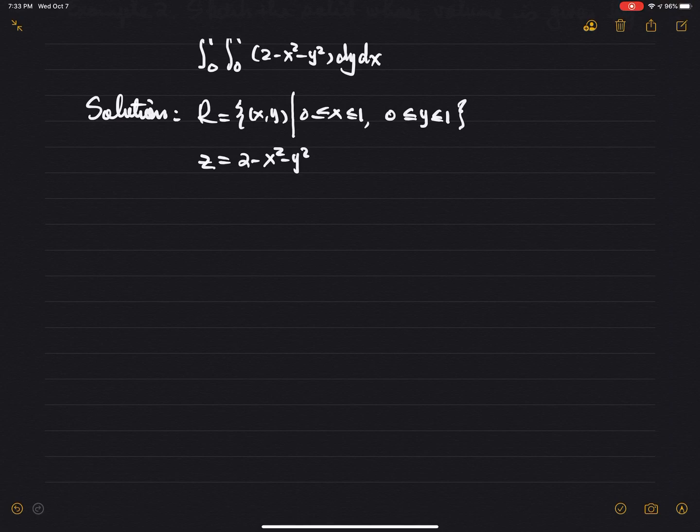Sometimes you may need to try to draw several graphs to see which angle is better. So I'm going to put in the z-axis, and then suppose this is the x-axis, and suppose this is the y-axis.